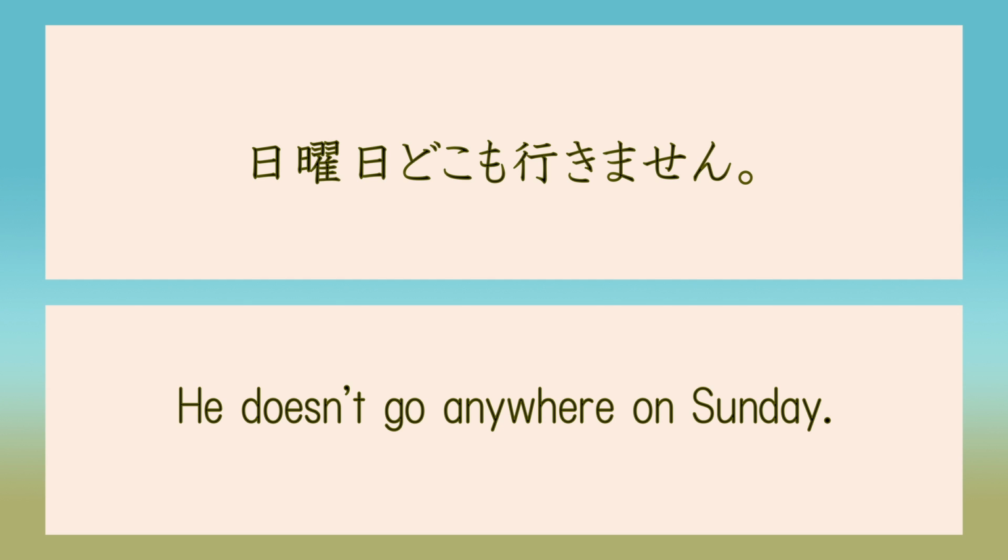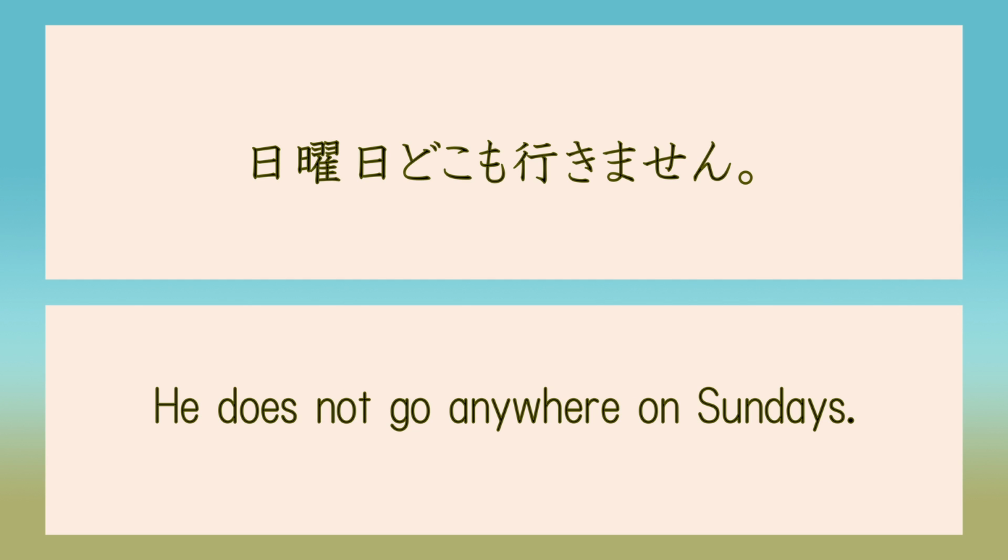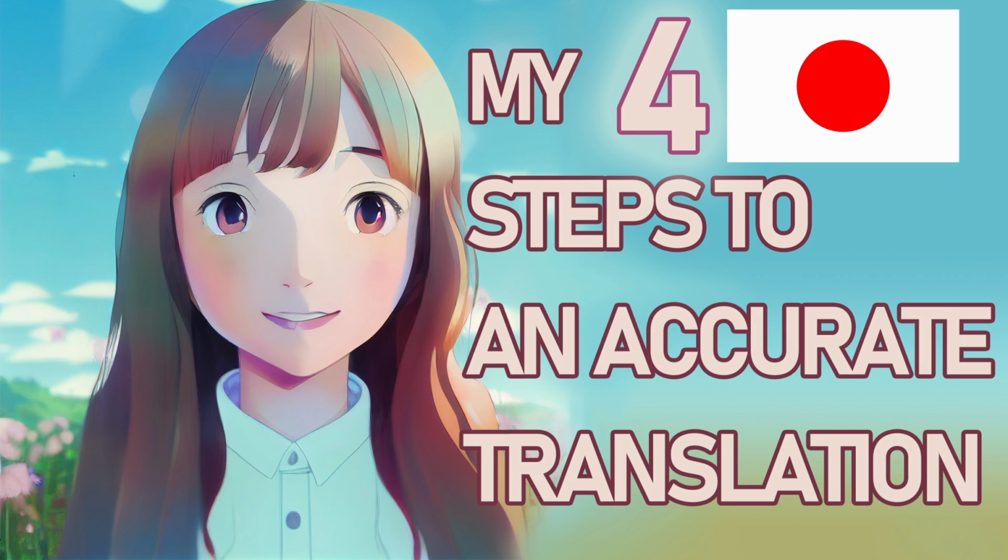He doesn't go anywhere on Sunday. Or he does not go anywhere on Sundays. And the final sentence is just one verb, yasumimasu, which means to rest. He rests, or he stays home. He relaxes at home.